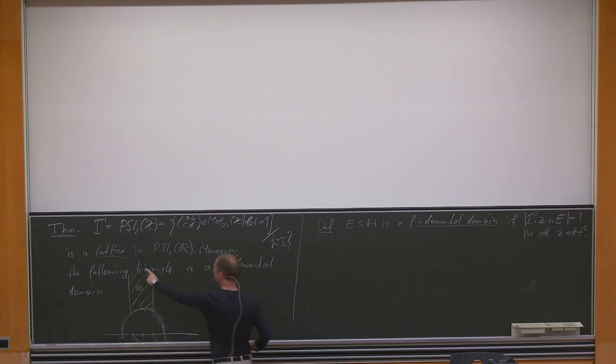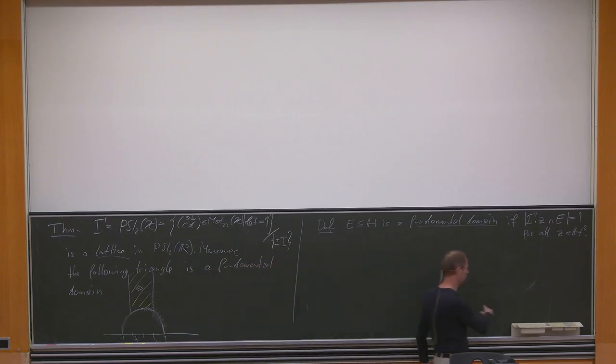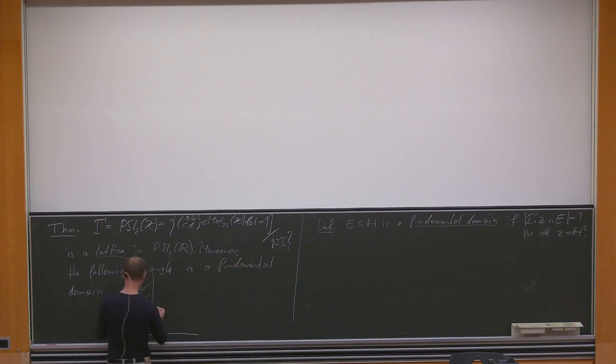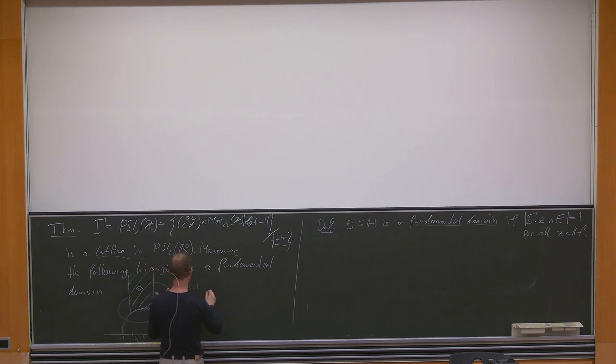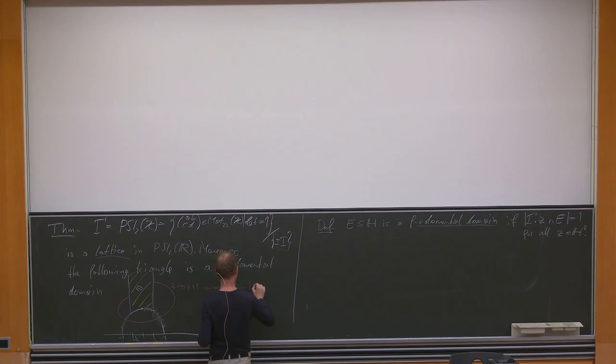Yeah, we need to come back to this lattice, but maybe let's talk about why this is a fundamental domain. I drew this last time. Let me draw it again. The gluing that goes from the left side to the right side is z goes to z plus 1, corresponding to the matrix 1, 1, 0, 1.